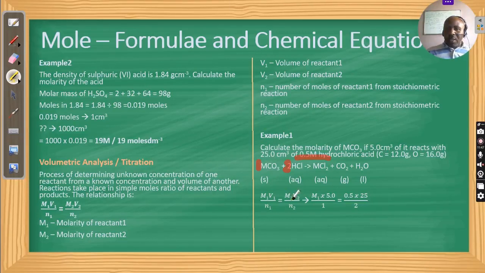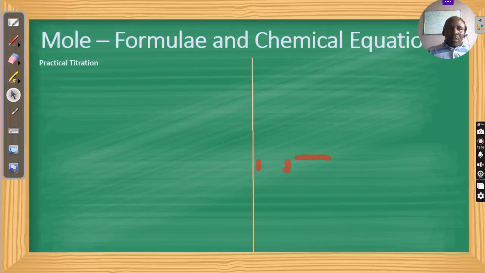So n1 is 1 and n2 is 2. You put that in the equation, you do your calculations, and once you make M1 the subject of the formula, you find that the molarity of MCO3 will be 1.25 molar.